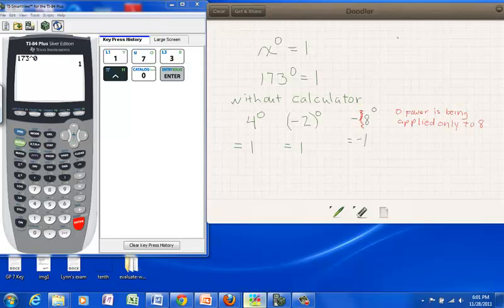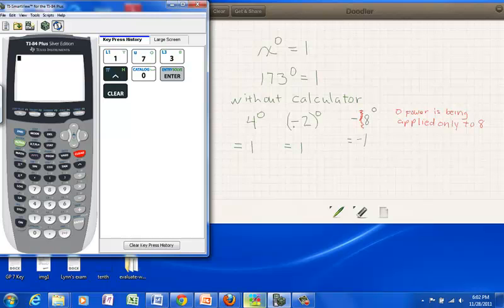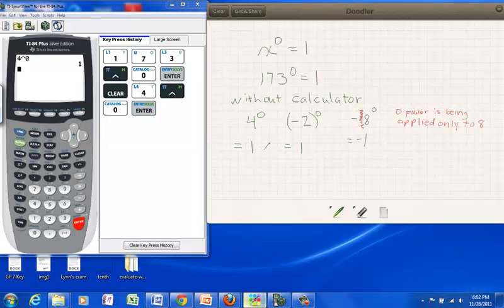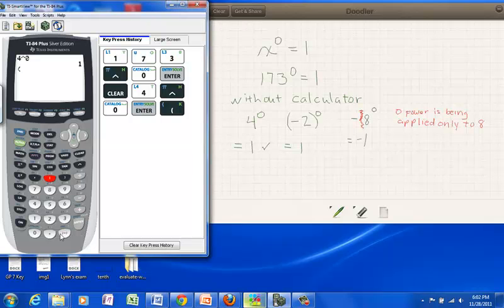So what you can do when you're doing these problems at home is try each one of these and see how we did. So 4 to the 0 power equals 1, and we know this one works. And then negative 2 in parentheses, so we write it exactly how we see it there.